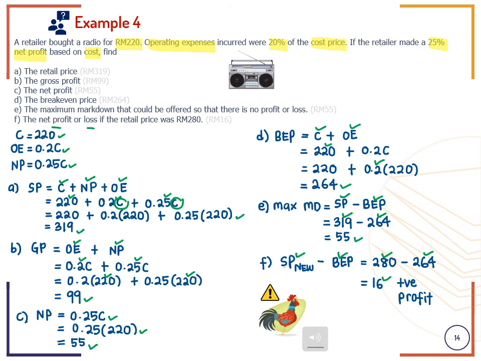Since the value is positive, therefore the selling price of 280 ringgit provides 16 ringgit of profit.